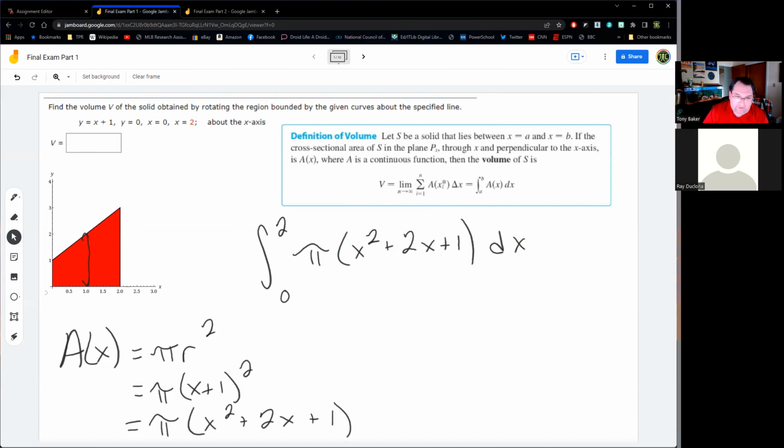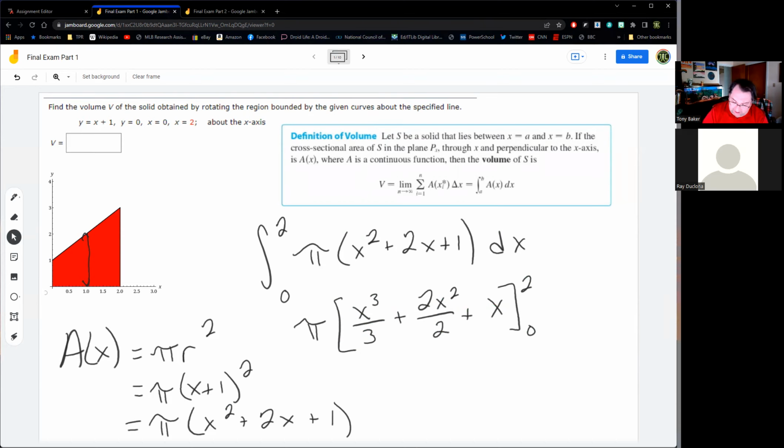Now we're just doing the integral of that one. These integrals are pretty simple. We can pull out the pi, and then we're just going to do the integral of that part. So I've got x to the third over 3 plus 2x squared over 2 plus x, and we're evaluating it from 0 to 2. The zeros cancel everything out.